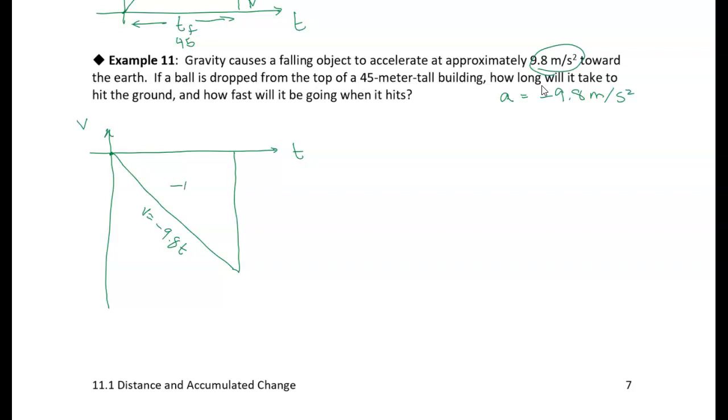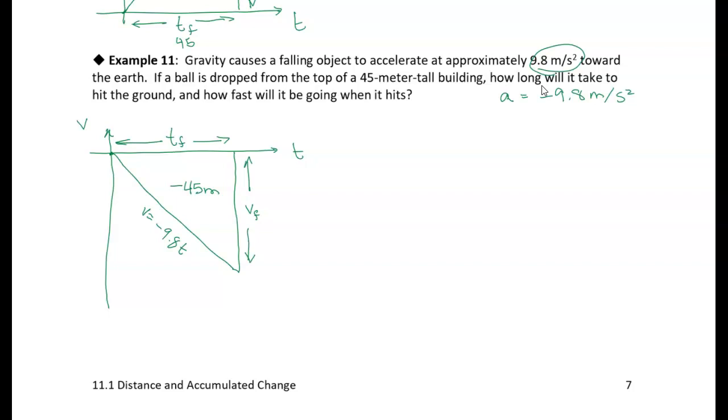So our distance is negative 45 meters, right? Because it's falling down from its starting point. And I'm just going to call this t final, right? This is how long it's going to take to fall that 45 meters. And this is its final velocity, okay?